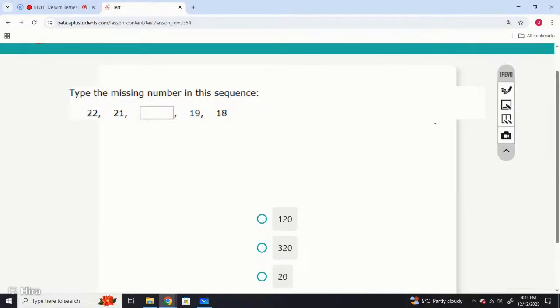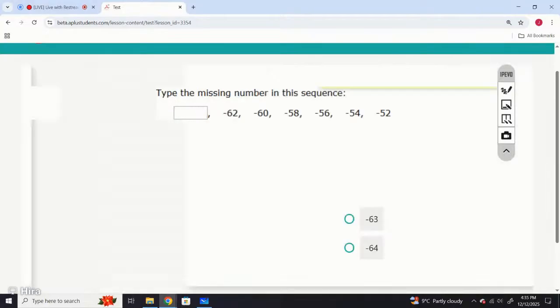Type the missing number: 22, 21, 20. The next number is 19.